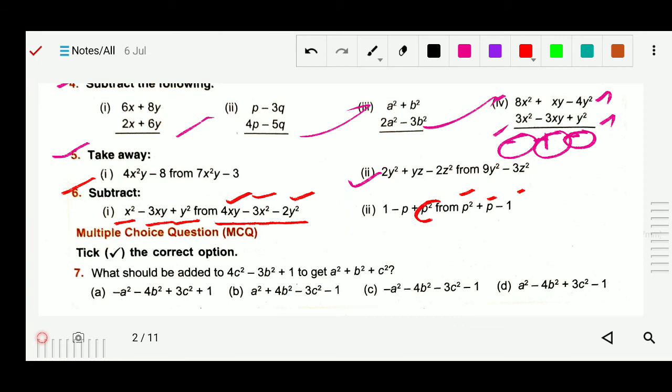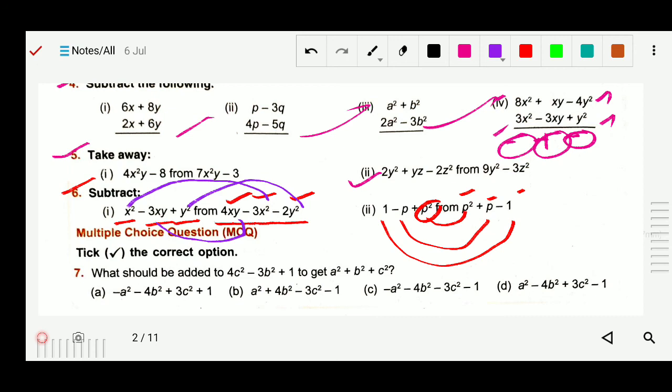Then below write p square just below this, and this below this. So here also y square terms will be just below y square terms, y square just below y, and this below this. So you only have to arrange in the standard form, write the similar terms just below each other, that is, arrange column wise, and then subtract. Got it?